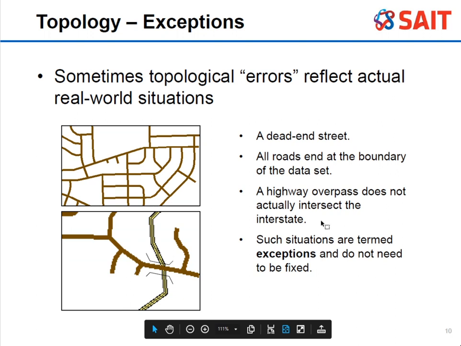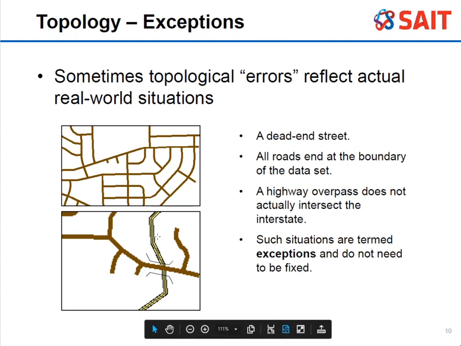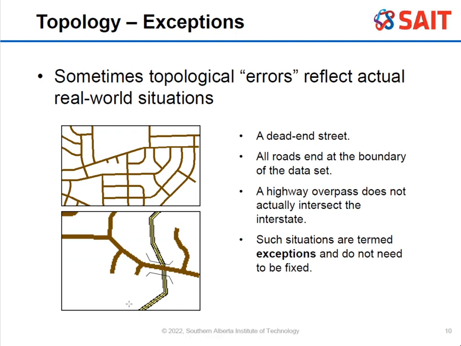Now, one of the key things with an intersection is that, for example, highway overpasses don't actually intersect with a particular road. Sometimes that happens when you have a bridge going over, or for example, an overpass. So the traffic doesn't actually intersect with each other. The traffic actually flows over top.